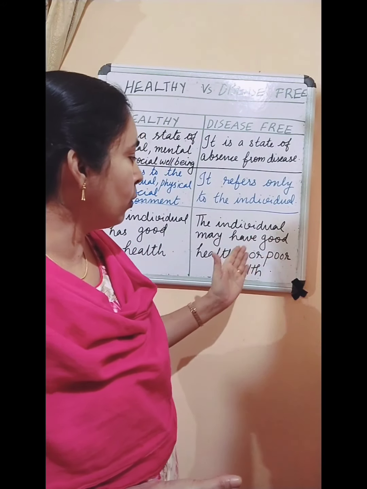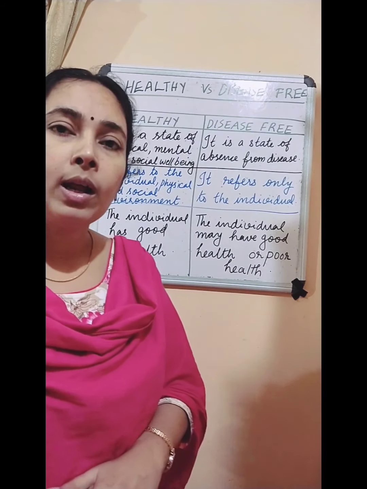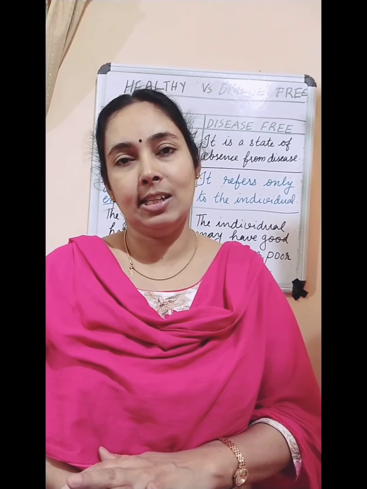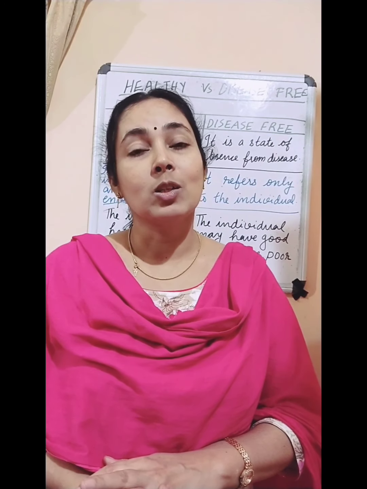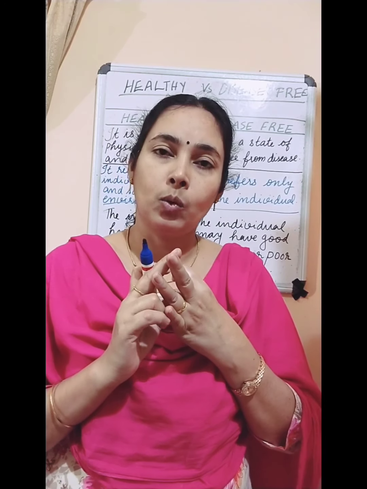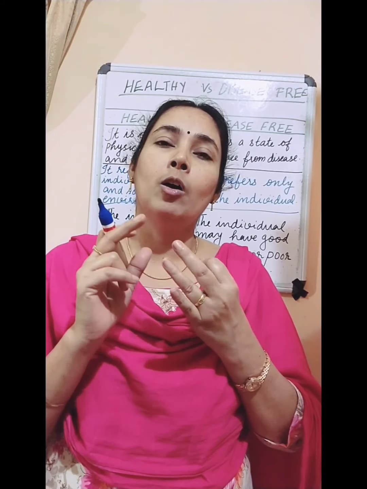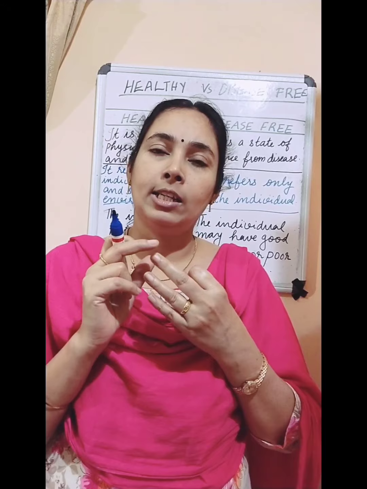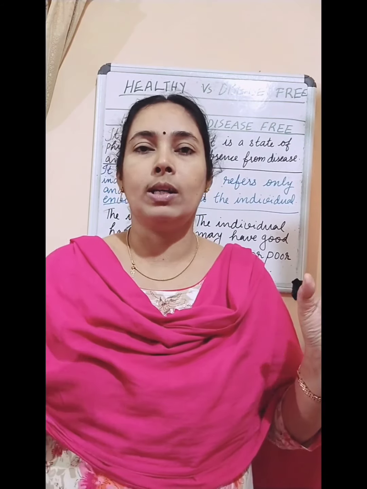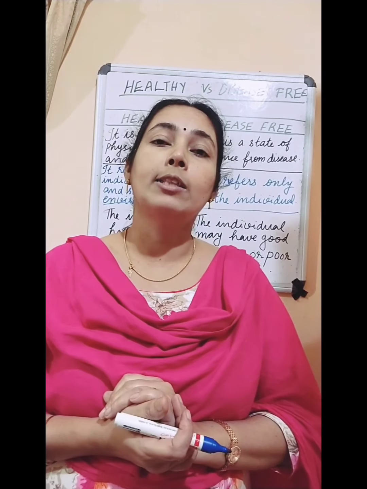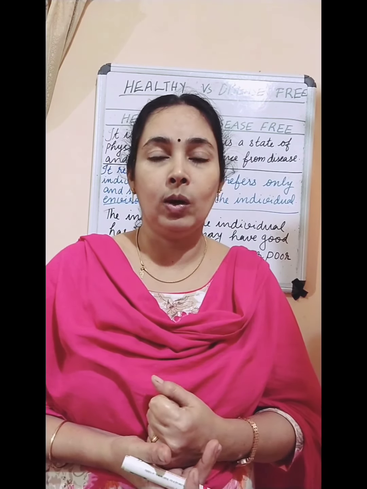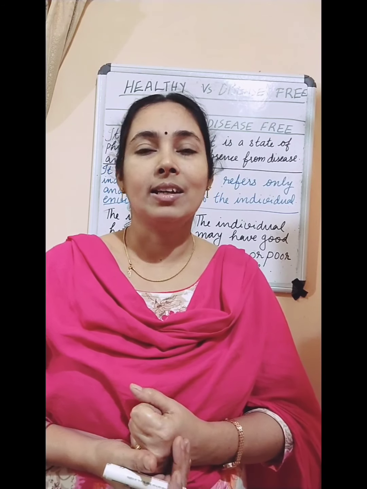He may have good health or poor health. So these are the differences between health and disease. So health depends on physical, mental and social well-being, on the society and the individual and also his surroundings. But disease depends on the individual only. Okay, clear now?